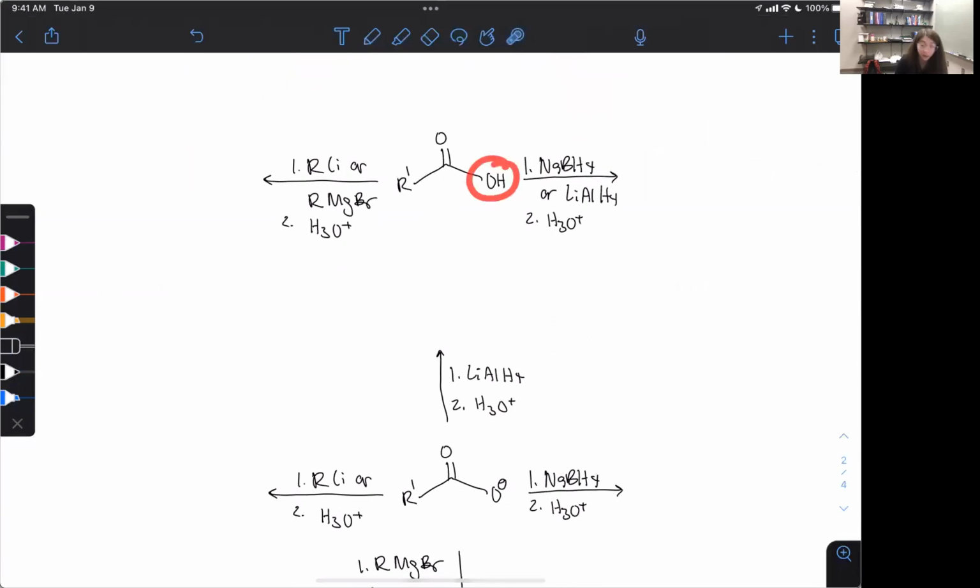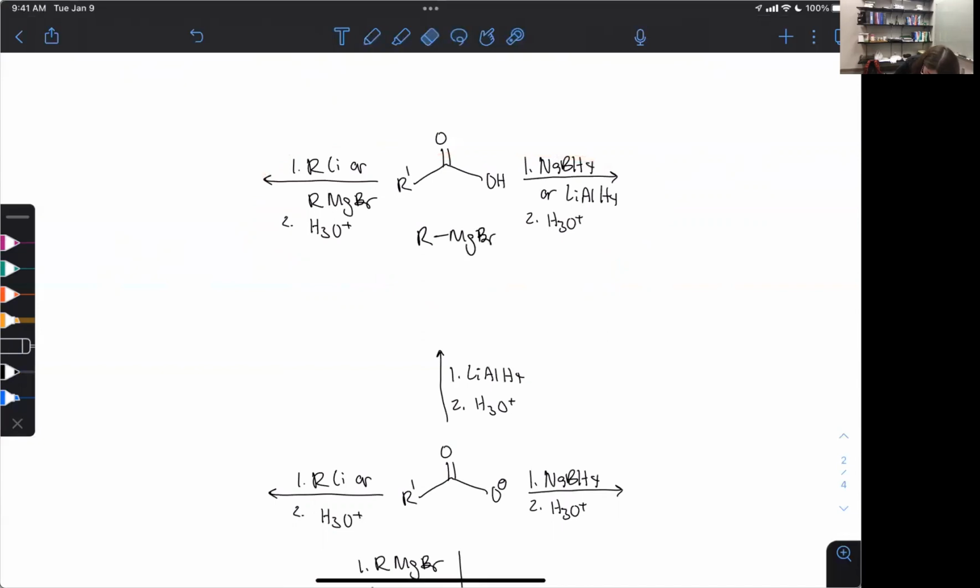All right, so then if we come to carboxylic acids, if you notice what I've done, I have one that's carboxylic acid and one that is carboxylate. Okay, the reason for that is that all of these have the same first step. They are all going to react with a carboxylic acid in the same way, in that we are immediately going to get a deprotonation.